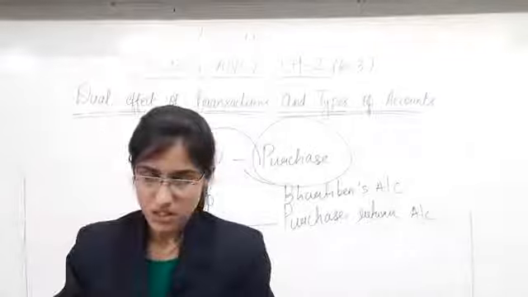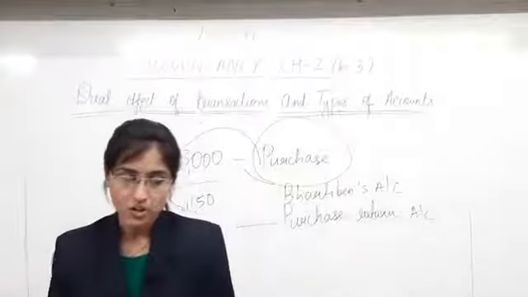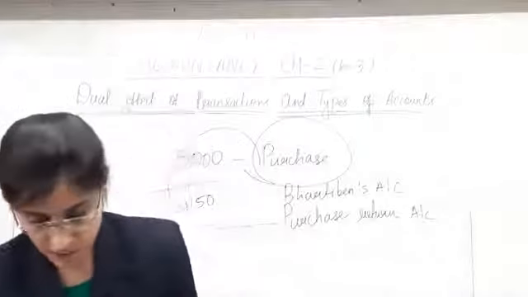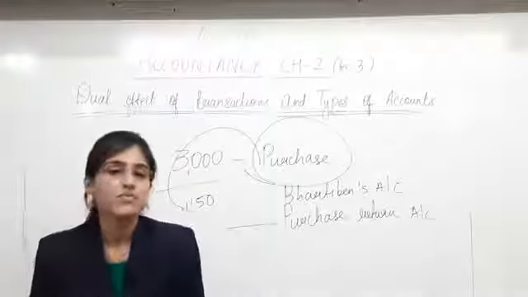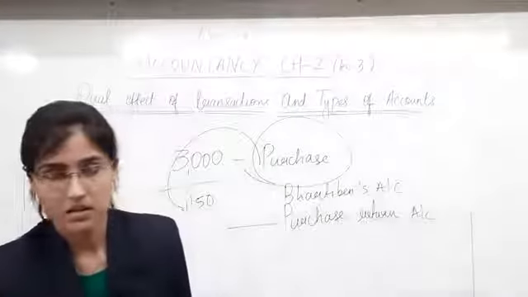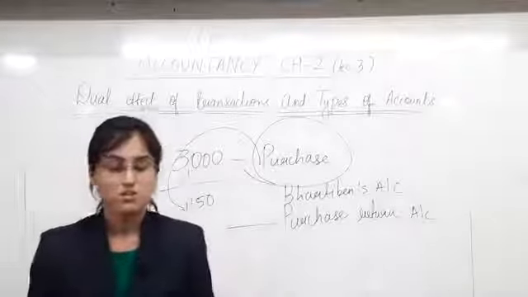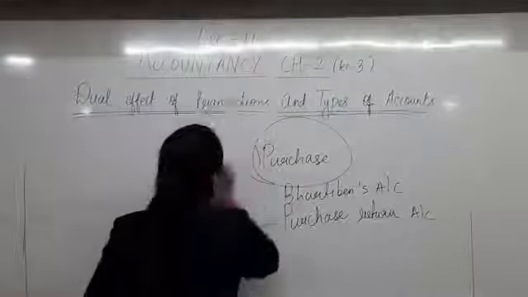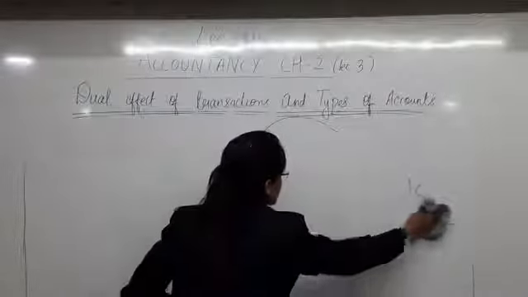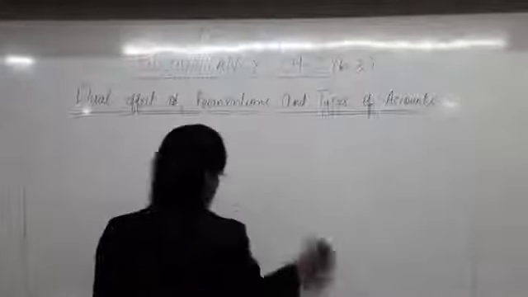Then there is a transaction, check of rupees 2,850 issued to Bharti Ben. You have given a check to Bharti Ben. This is a cash transaction. So of the two effects, there should be one effect for cash or bank as per the rules of identification of cash transaction.